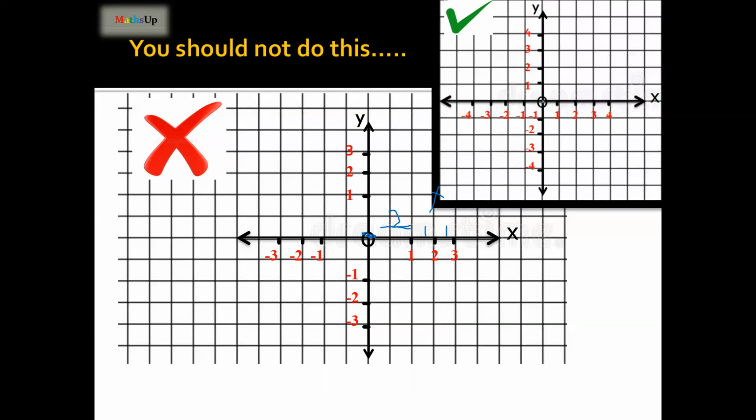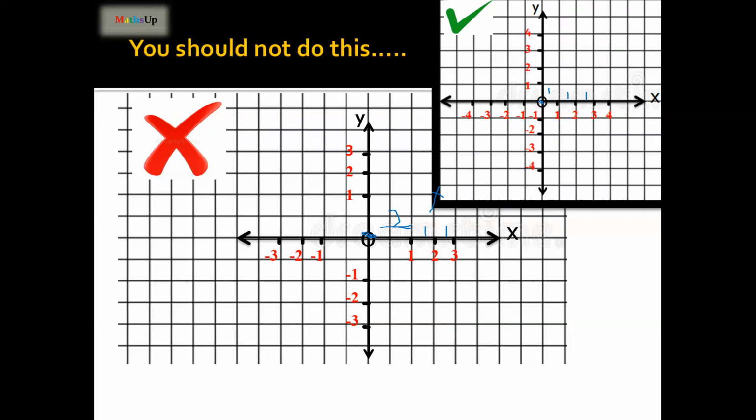Here you can see if you go along the positive side of the x-axis, you start from the origin. From 0 to 1, it has taken 1 square gap, and 1 to 2, again 1 square gap, 2 to 3, again 1 square gap. Like that, it has maintained equal gaps between two numbers. And for the negative side of the x-axis also, it has taken equal gap.